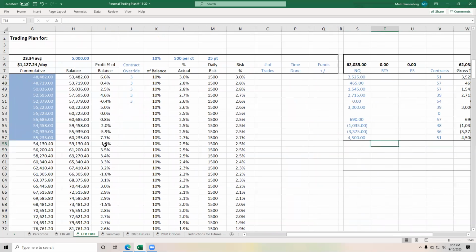So 10 points at $20 a point is $200, and again in this tracking forecast we're trading 3 contracts, so $600, and we did 14 trades. So 14 trades times 3 contracts per trade is 42 contracts.